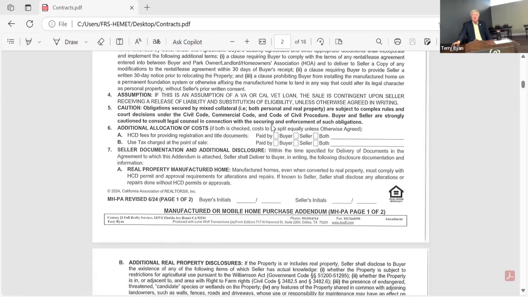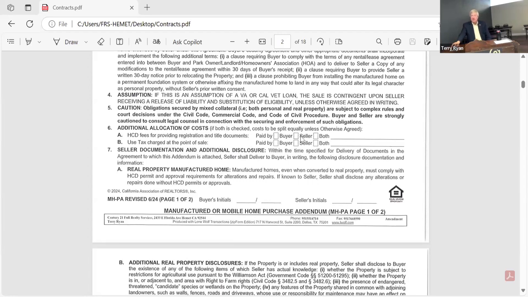All right, a couple of things that you need to know. HCD fees are for registering properties where the manufactured home and the land are together, but they aren't on one tax roll. And so there are some HCD fees. Generally speaking, we would ask the seller to pay for those. And use tax is charged at point of sale. The use tax is usually going to be paid by the buyer, although it could be negotiated.